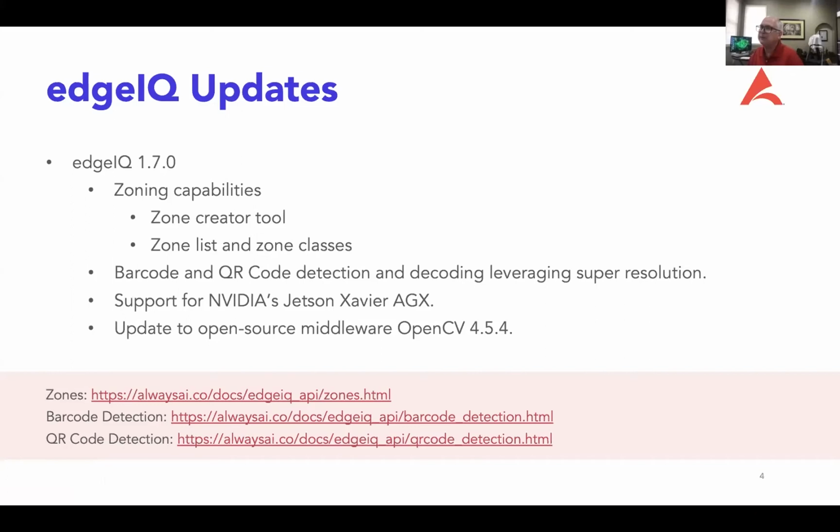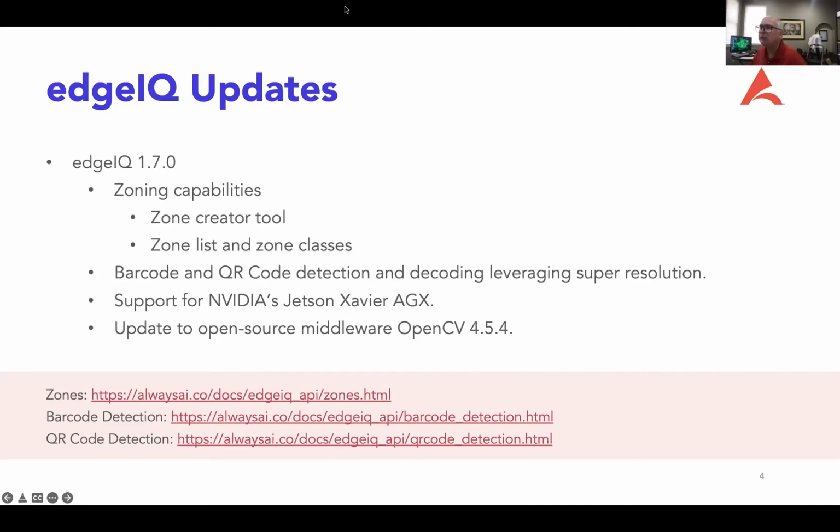Once we detect a barcode or QR code, we then use super resolution to enhance it. Next, we've added another Jetson device to our support, the Jetson Xavier AGX, which is the most powerful member of the Jetson family, able to do a lot of stream processing for an edge device.